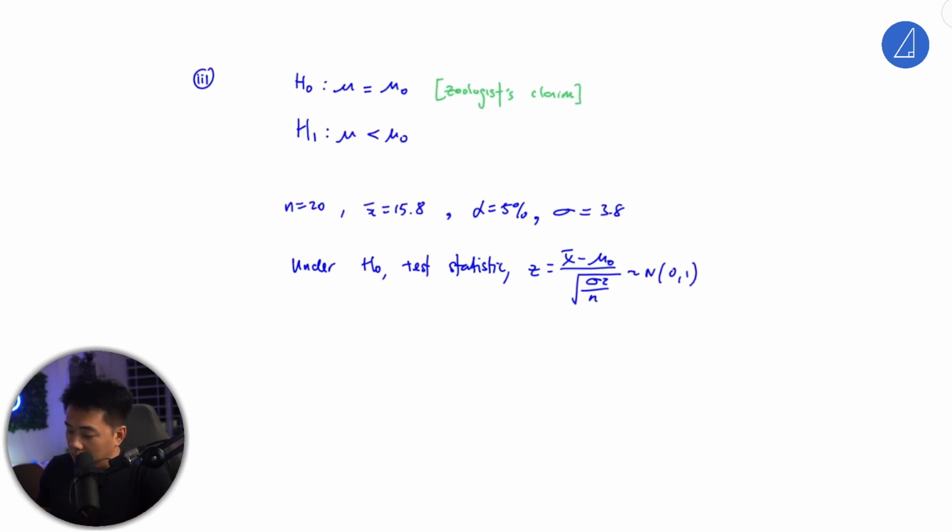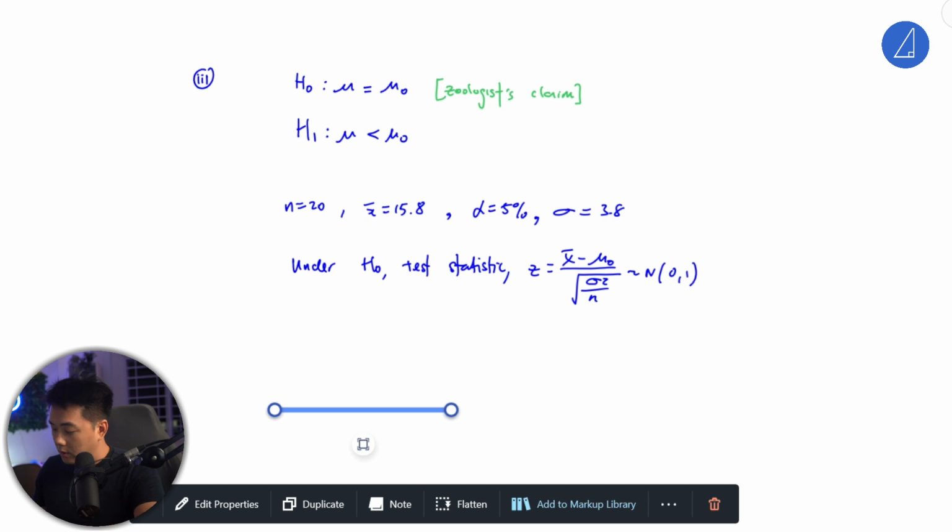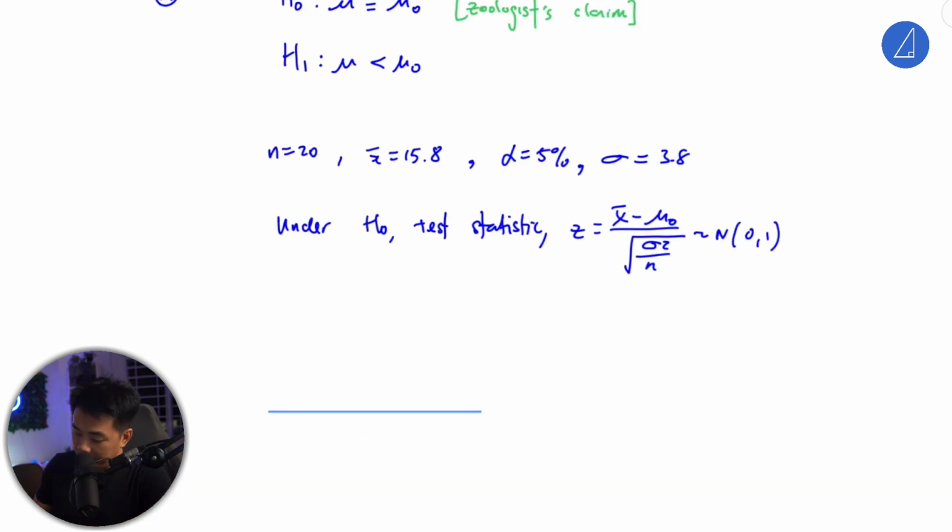Now he doesn't want his claim to be rejected, so just take note. In the middle is always where H naught is true. Then what you want is 5%. You do not want his claim to be rejected, and it will be rejected at this juncture here.